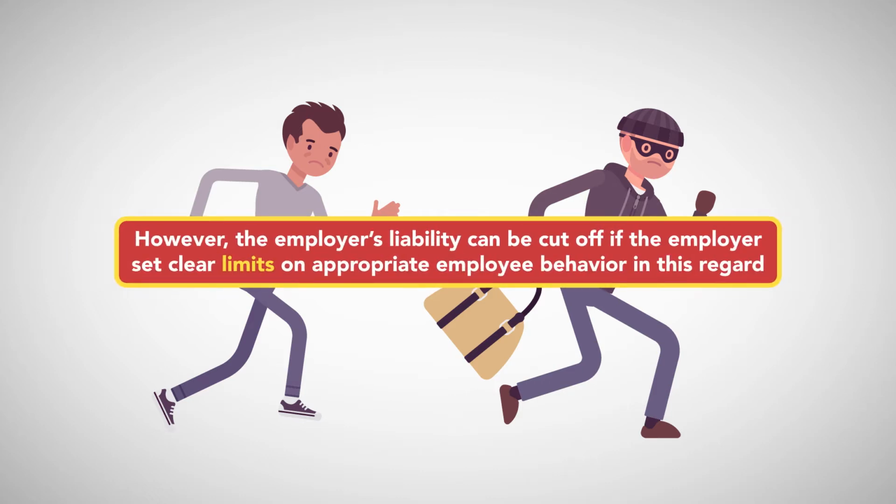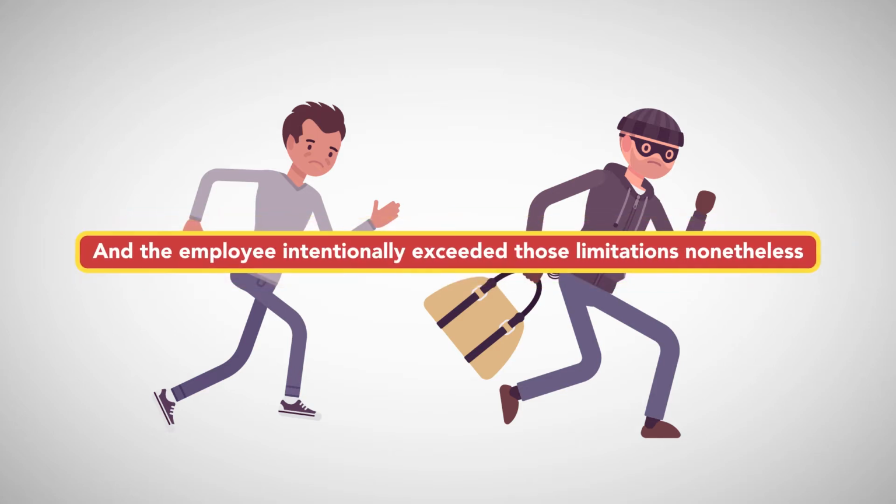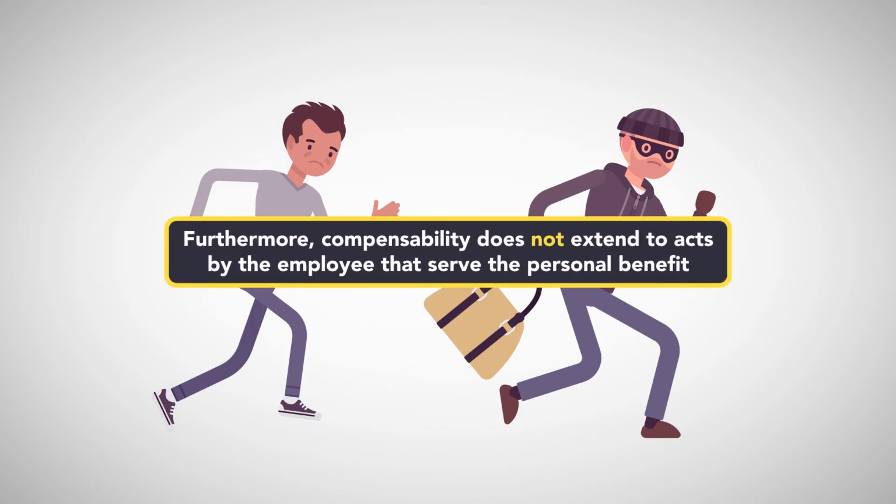However, the employer's liability can be cut off if the employer set clear limits on appropriate employee behavior in this regard, and the employee intentionally exceeded those limitations nonetheless. This behavior would not be in good faith. Furthermore, compensability does not extend to acts by the employee that serve the personal benefit, as opposed to employment-related business benefit, of a co-employee, the employer, or the employee.